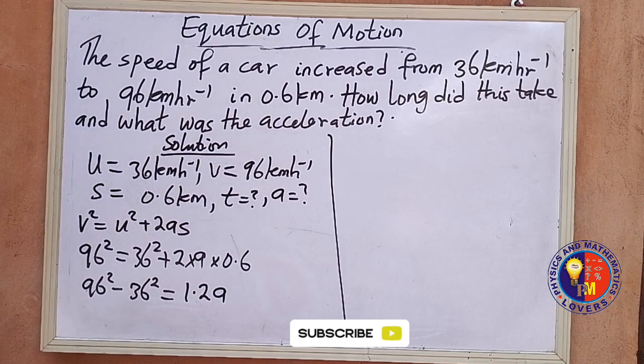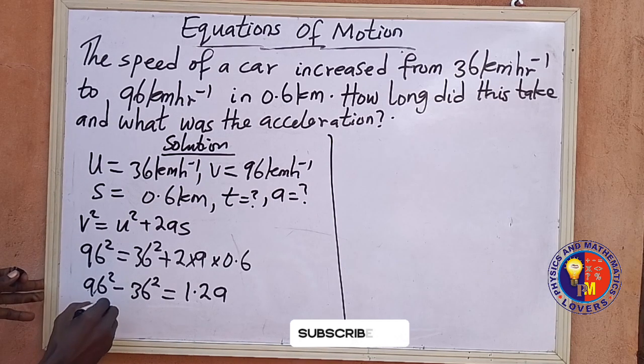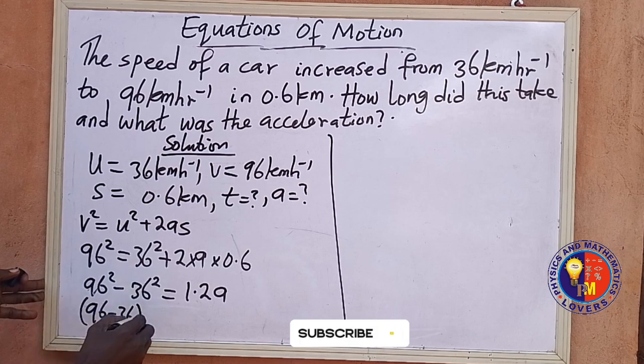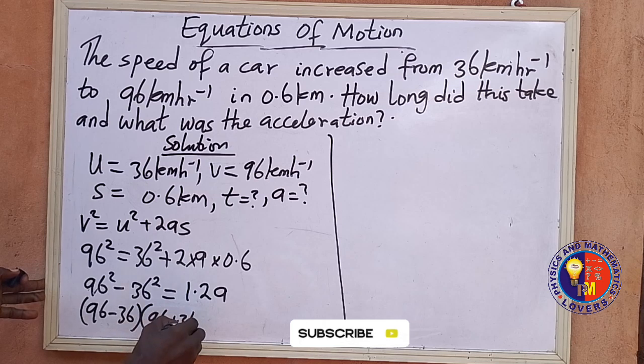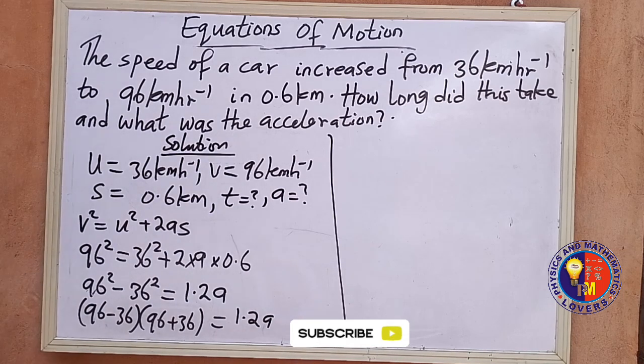Alright, now we have a difference of two squares in mathematics, meaning that I am going to have 96 minus 36, then 96 plus 36, equal to 1.2a. Now let's go to the other side.